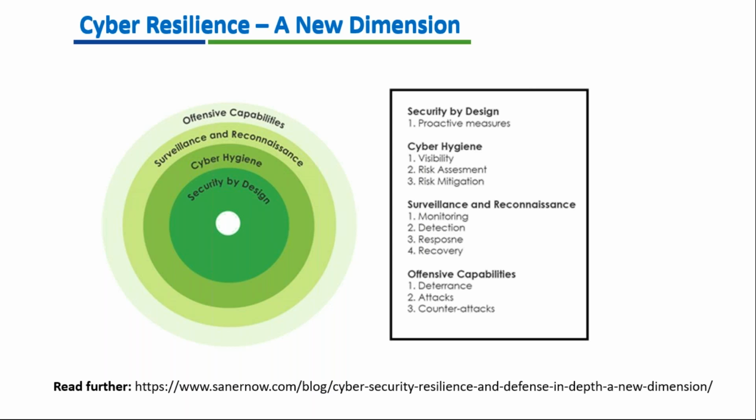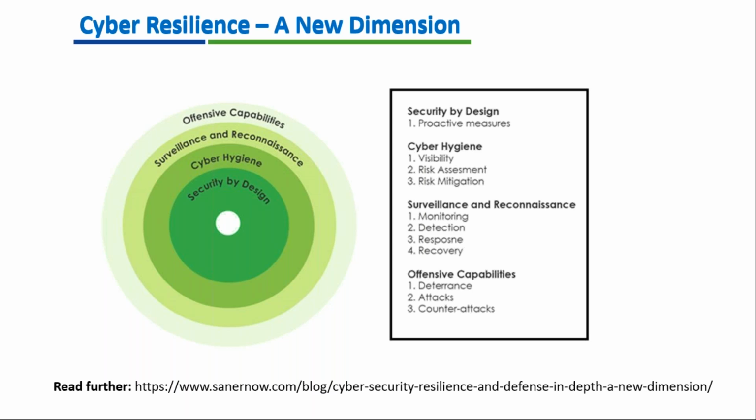And then secondly, it's the cyber hygiene layer, which is the most important layer. So we need to perform a continuous risk assessment and risk mitigation, identify the loopholes that are getting discovered and mitigate those loopholes on an ongoing basis. And of course, we are trying to protect something that is always changing.